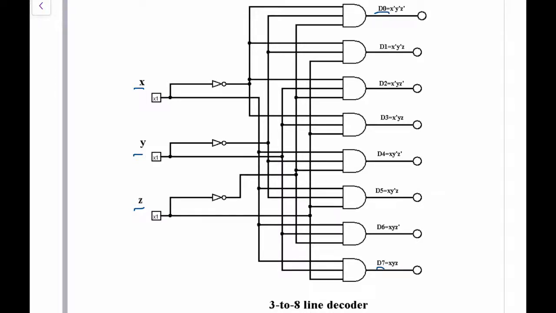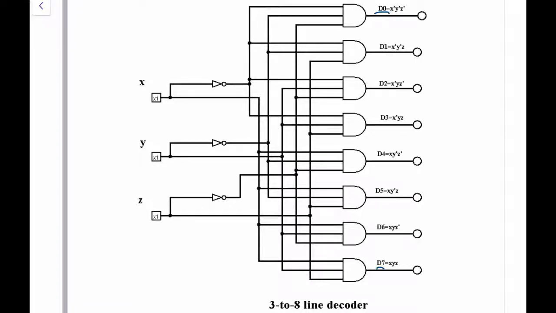D1 is 1 when x, y, z have the combination 0, 0, 1, so D1 equals x dash, y dash and z. D2 is the output line which will be 1 corresponding to input 0, 1, 0, so it is represented by x dash, y, z dash.